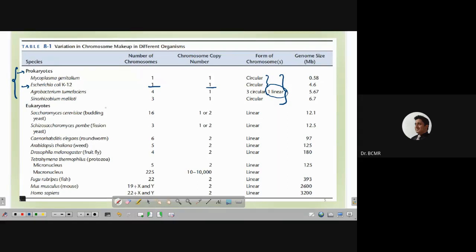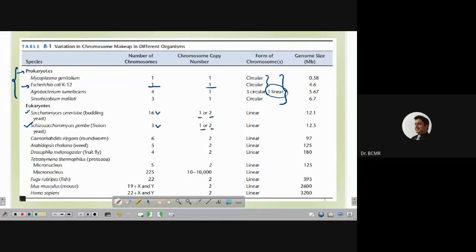And if you take eukaryotes, you may have multiple numbers. You don't find one anywhere. You have 16, more than 3. Saccharomyces cerevisiae, yeast, that is what we discussed a bit in the last class. And also here, they have 3 and 16 like that. Okay, they are more in number. And copy number is something important. It's 1 or 2.